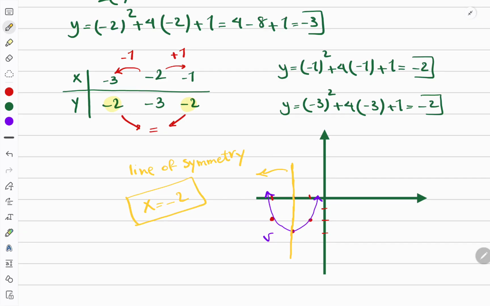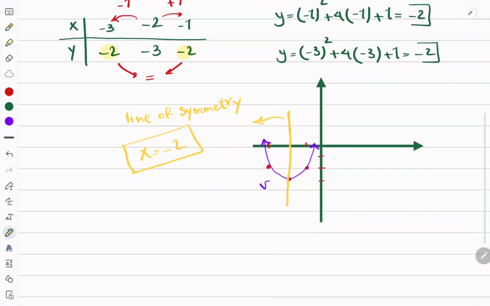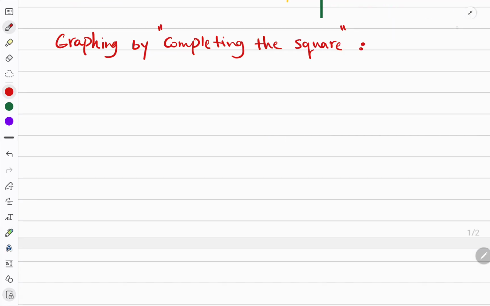So by using this formula, you can find the x coordinate of the vertex and the equation of the line of symmetry. Okay, this is the first strategy that you can use to graph a parabola. And now let's jump into another one.